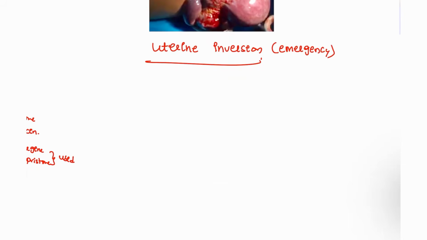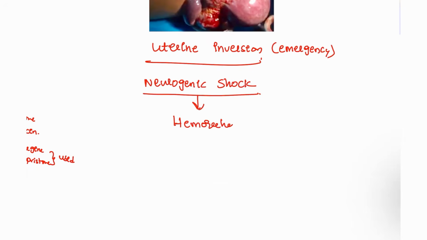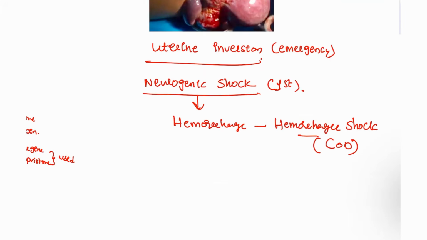So there is a high chance that this patient can go into neurogenic shock. After that, there is a hemorrhage which will lead to hemorrhagic shock. The cause of death will be hemorrhagic shock only, but initially, they will go into neurogenic shock.